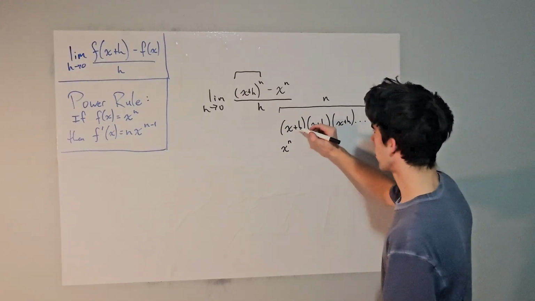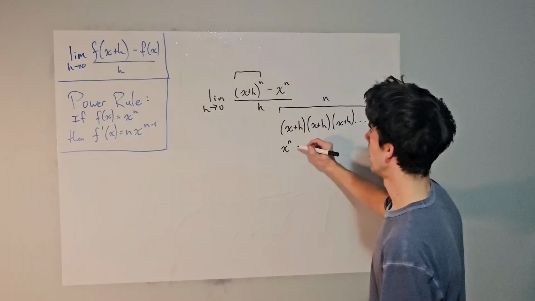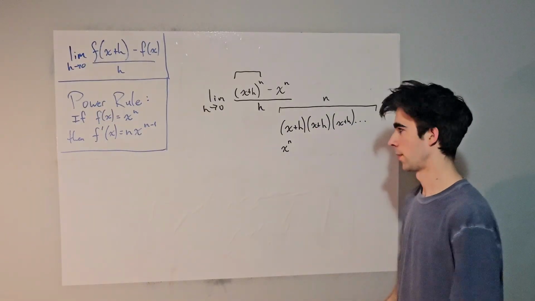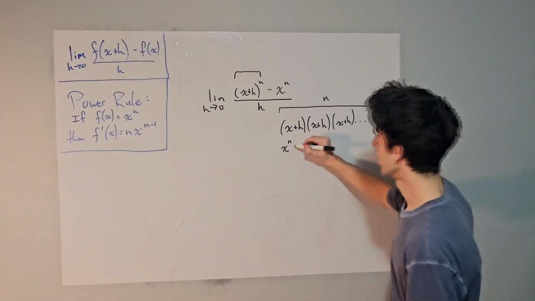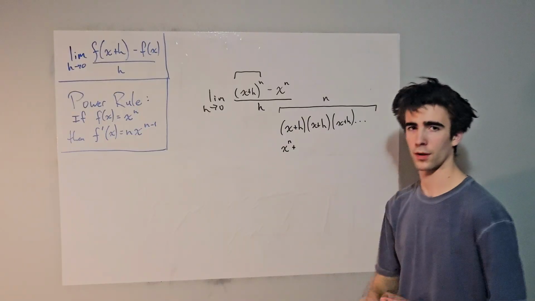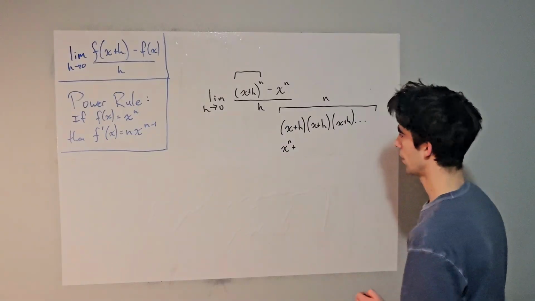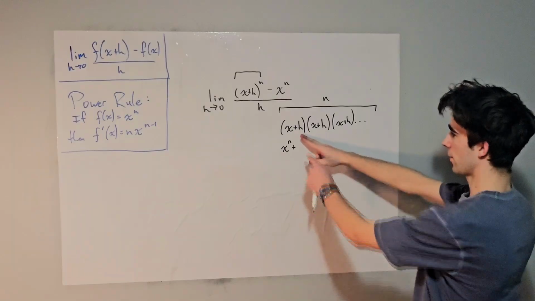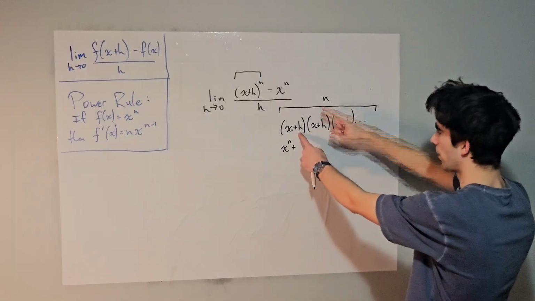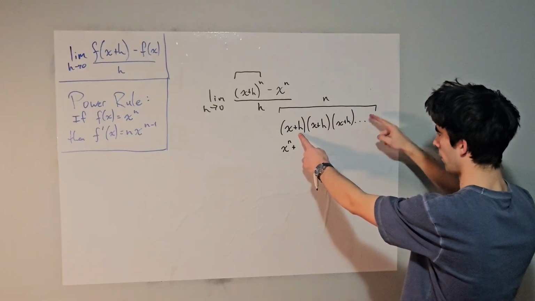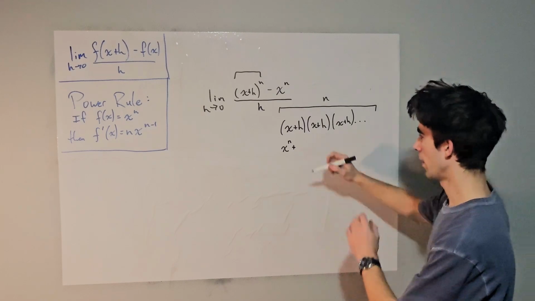Here it gets a little bit more complicated, but we're going to do one more term. Let's do the terms where there is one h and the rest are x's. So we're going to take one h from here and multiply it by all the rest of the x's. It'll look something like this.